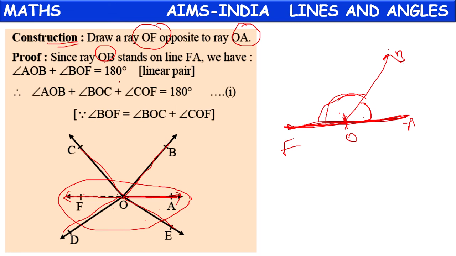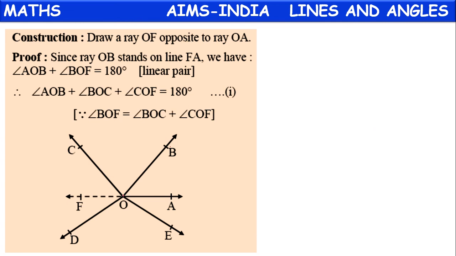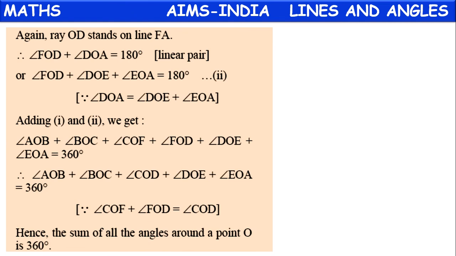So these two sum to 180 degrees. But here this BOF equals BOC plus COF. So the upper part, 1, 2, 3, is becoming 180 degrees.